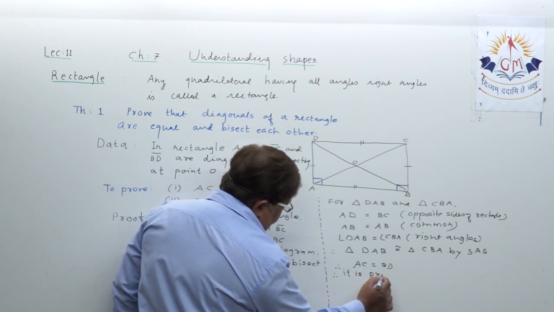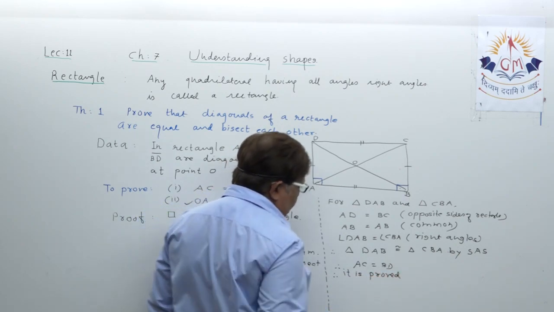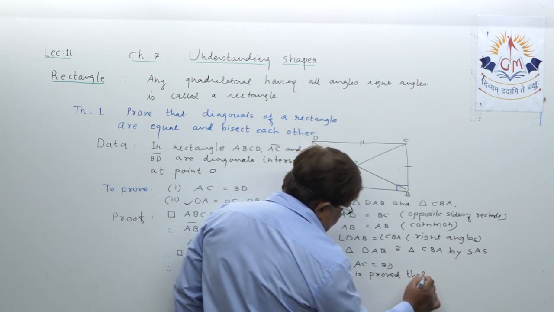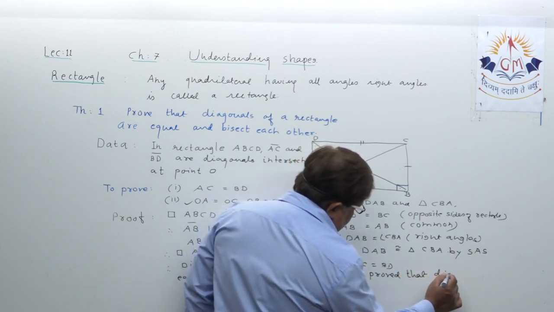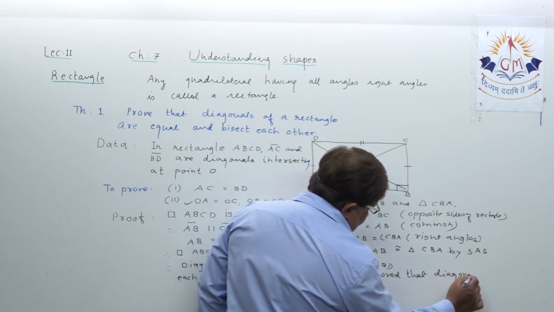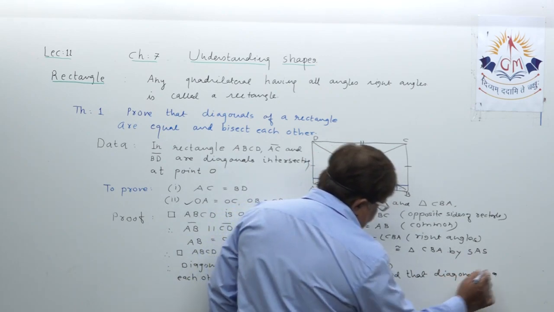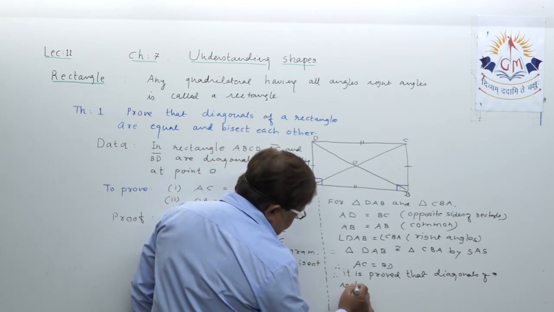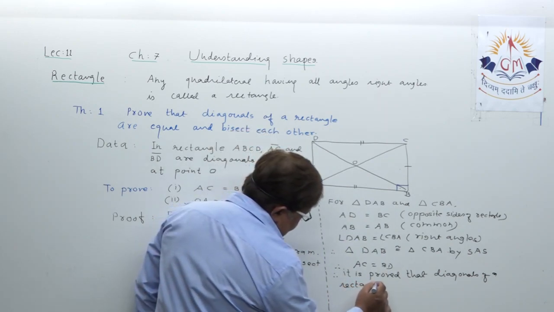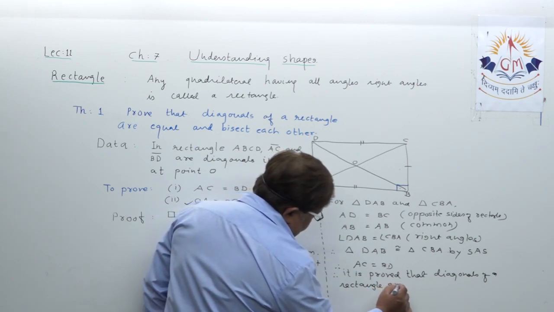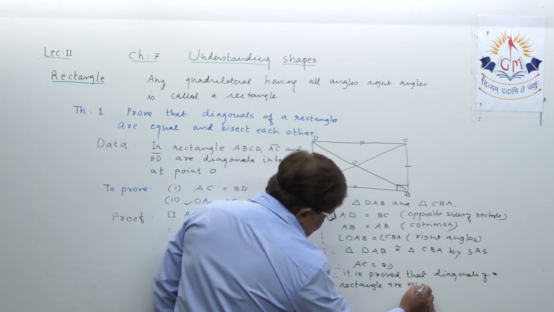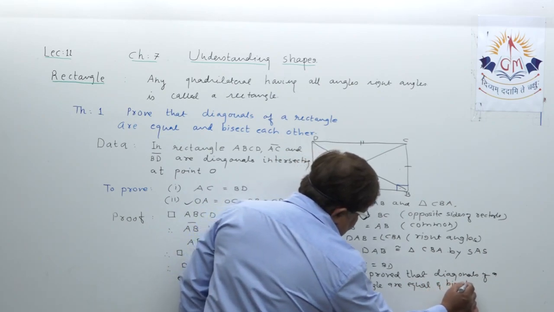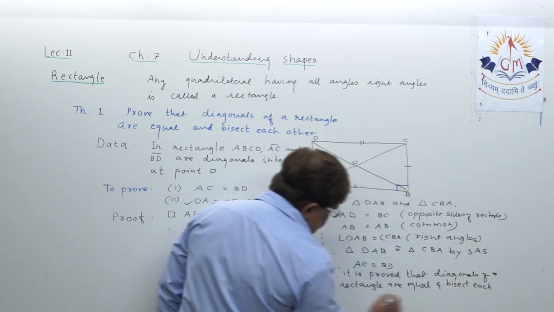At last you can write, therefore it is proved. This way you can mention it is proved that diagonals of a rectangle are equal and bisect each other.